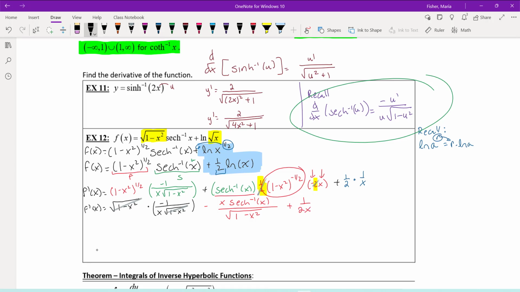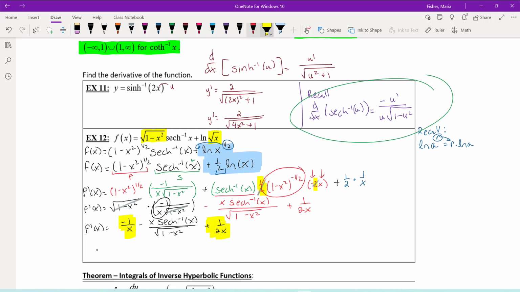Almost done. The only thing left in this first term is this 1 over x. So we have negative 1 over x minus x inverse hyperbolic secant of x all over the square root of 1 minus x squared plus 1 over 2x. Well, we can combine this negative 1 over x and this 1 over 2x. We just need a common denominator. So the common denominator is 2x.